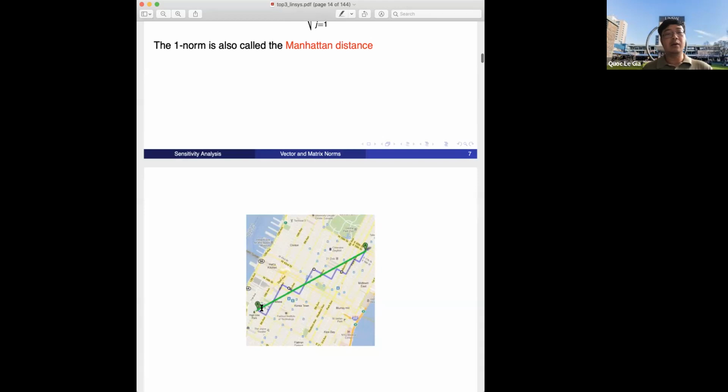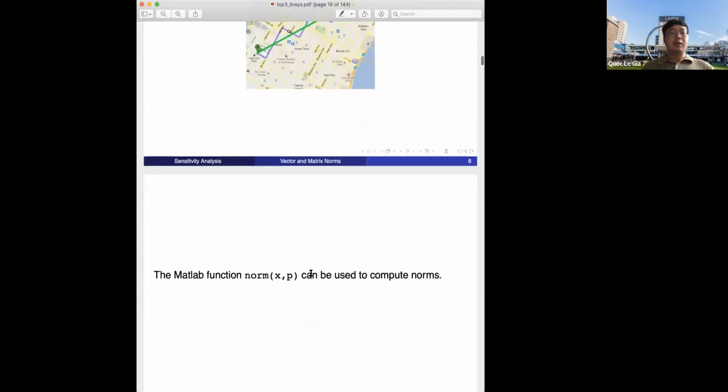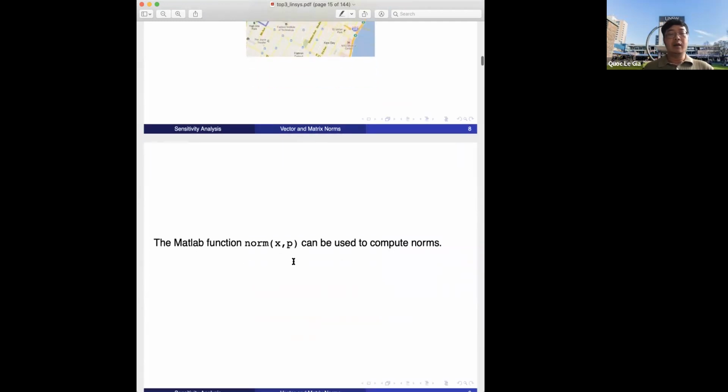So the green line is the 2 norm, and the purple line is the 1 norm. In MATLAB, remember in the lab I showed you that you can take the function norm of a vector x, and if you don't put anything else, that is a 2 norm.